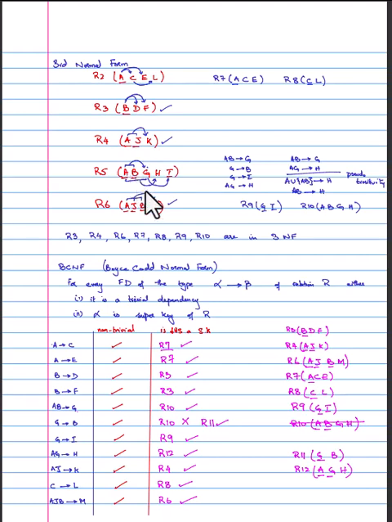Understand? I repeat. AB identify G and AG identify H. Sorry, this is not I. AG identify H indirectly.